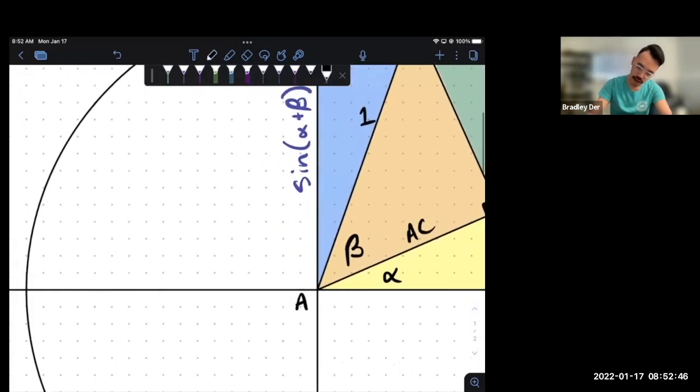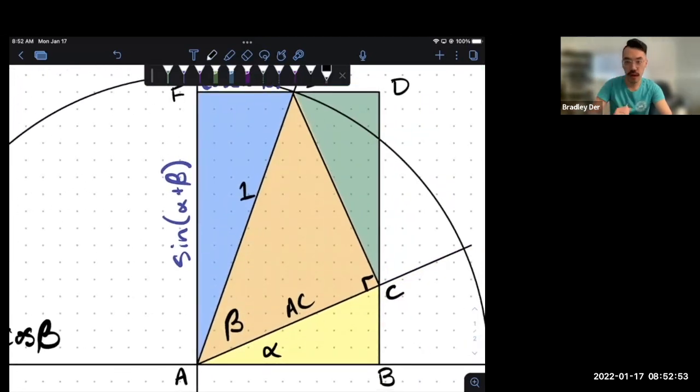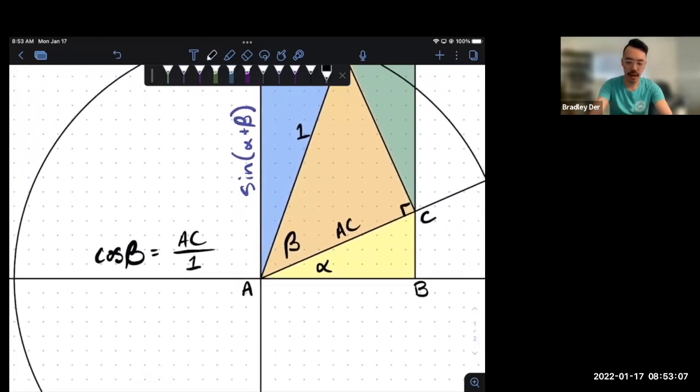So the cosine of our angle beta, doing this geometrically for the orange triangle, would be the adjacent side, AC, over the hypotenuse, which was 1. Looking at this equation, I would hope it's pretty clear that this side length is just cosine beta. So we can now call this cosine beta.